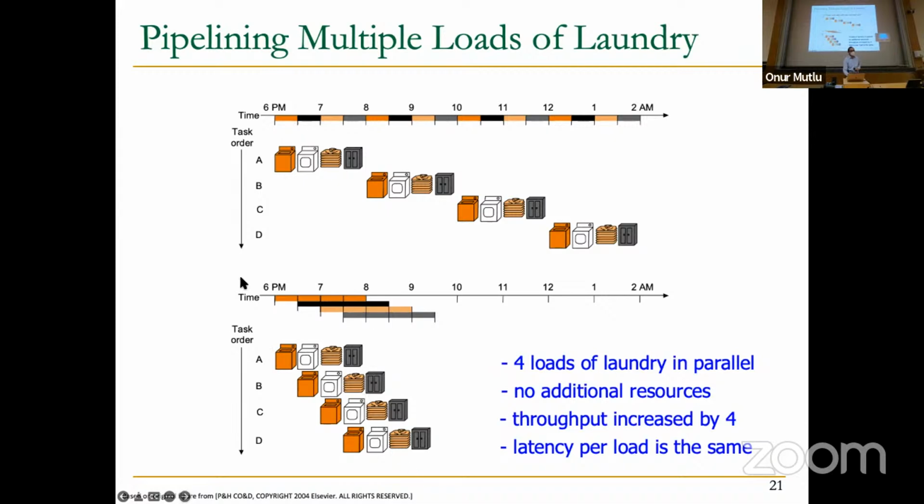You just increase the throughput of many loads. So that's the difference between throughput and latency. Never confuse these 2 concepts. They're fundamentally different. Throughput is how many loads or how many instructions you're finishing per given time. Latency is how long it takes to finish 1 load or 1 instruction. Here, we're improving the throughput. Okay, any questions on this pipeline?